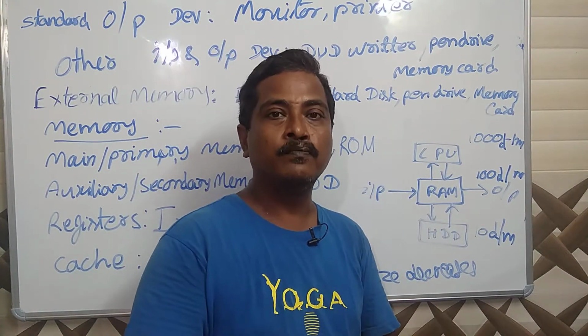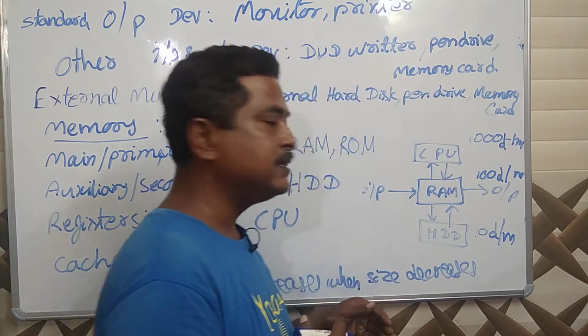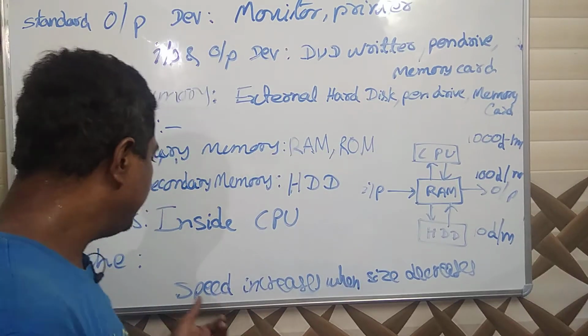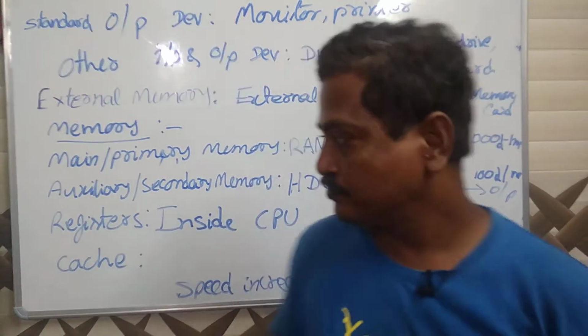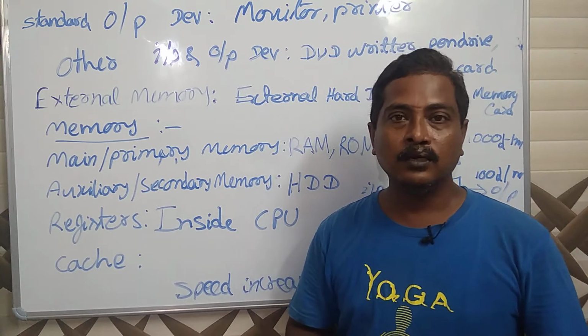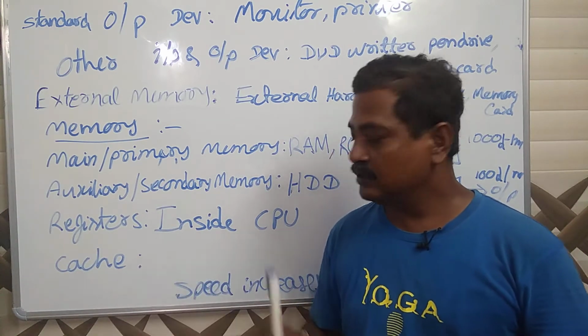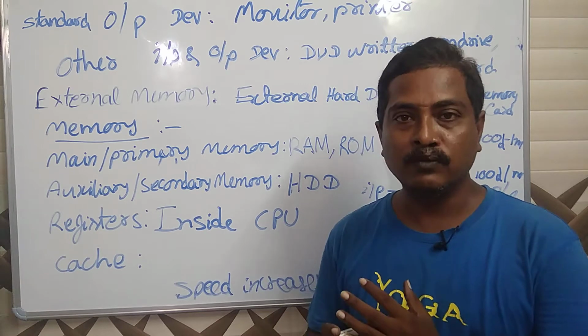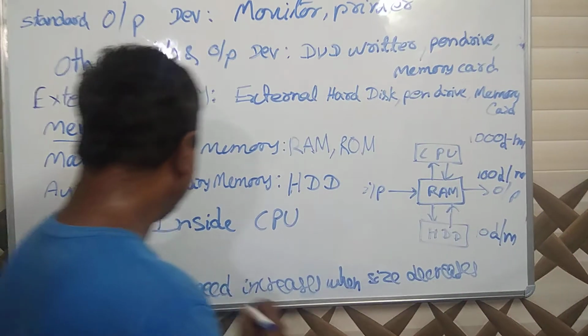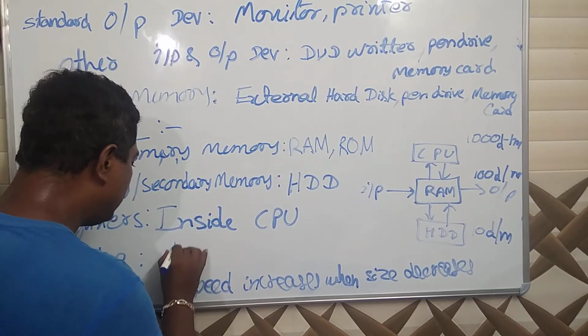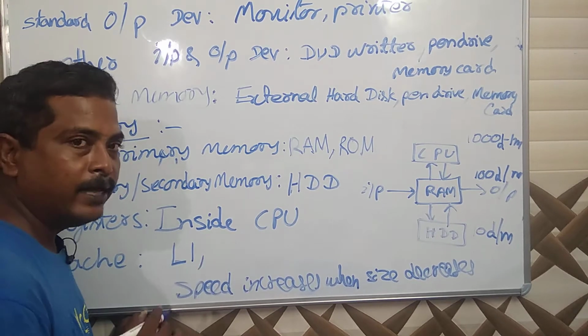There is a problem. To synchronize these things, cache memory was developed. Now what is it? It is a special type of memory, and it has 3 levels: L1, L2, L3, where L stands for level.